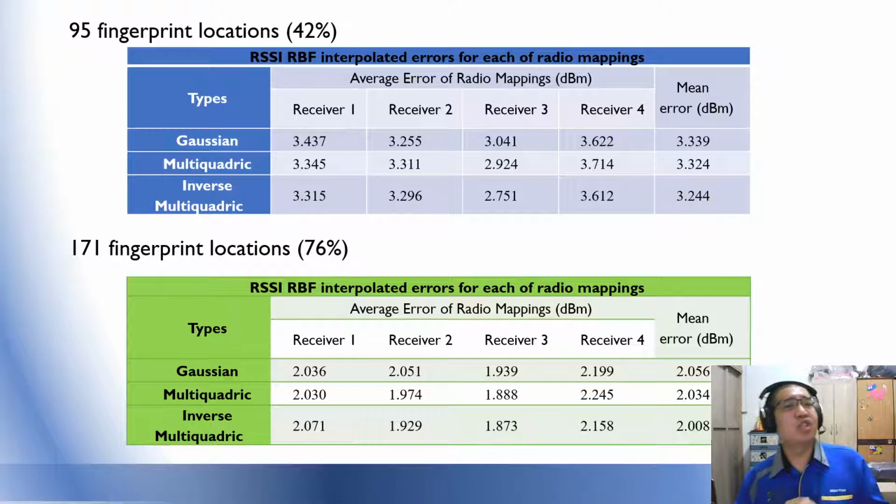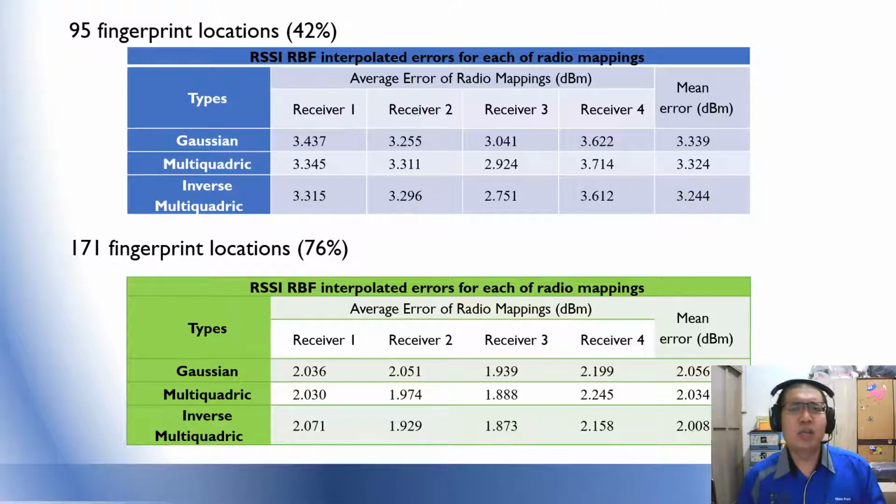There are two different scenarios in this work. For 42% of reference fingerprint locations, the mean error varies between 3.244 dBm and 3.339 dBm for three different types of RBF interpolation methods. Meanwhile, for 76% of reference positions, the mean errors vary between 2.208 dBm and 2.056 dBm.